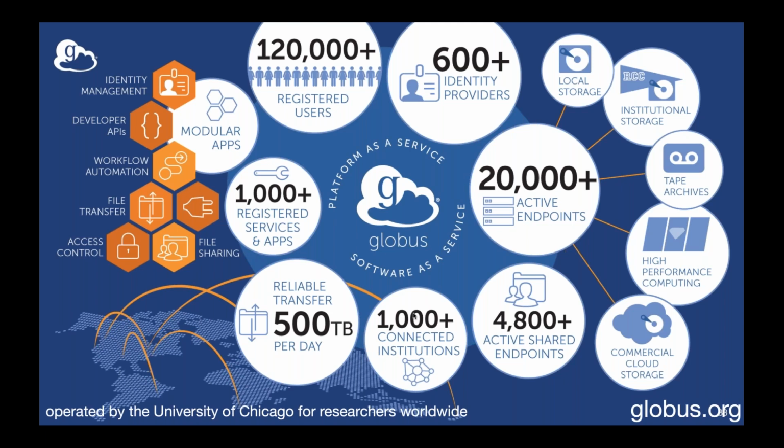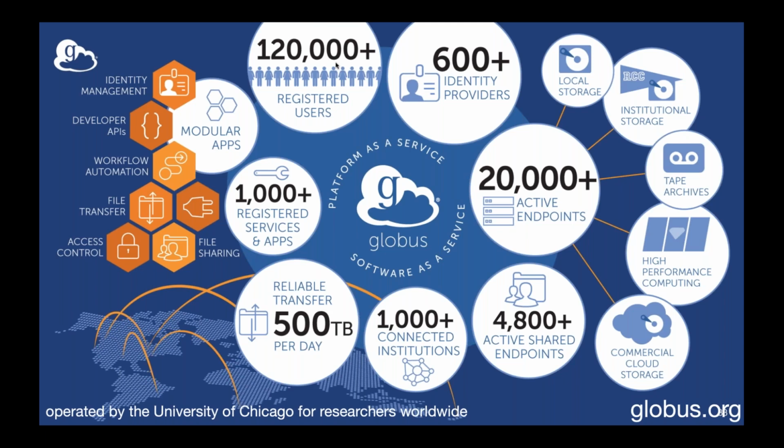Some of the other things on here that perhaps are interesting: more than 1,000 connected institutions. I think that's every Research One institution in the US and many overseas. The number of shared endpoints, which are endpoints that people have configured to allow sharing of data instead of just transfer in and out, is close to 5,000. We're moving nowadays about a petabyte per day, up to about 100 billion files at this point.